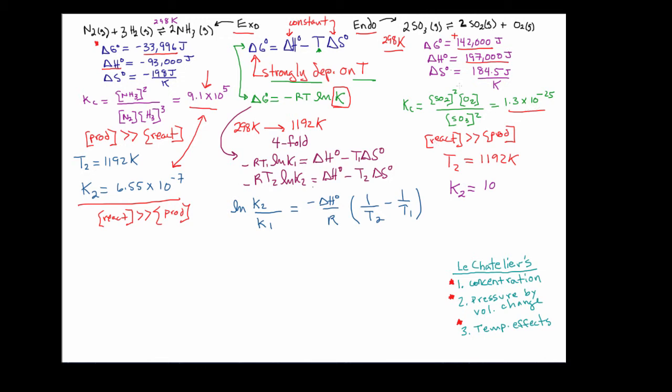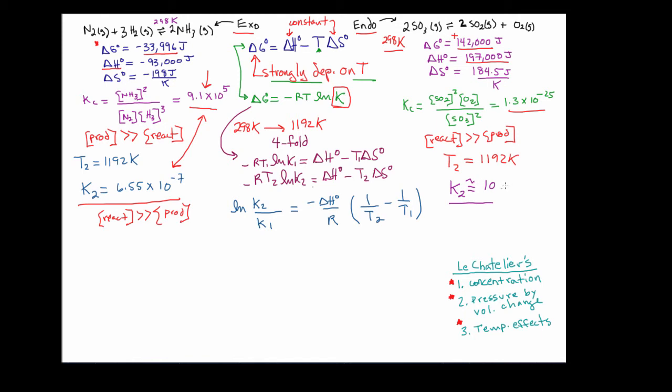Like I said before, at 298 Kelvin, the concentration of reactants at equilibrium far outpaces the amount of products that you're going to find in that reaction mixture. But by increasing the absolute temperature from 298 to 1192 Kelvin, we go to an equilibrium constant which is approximately 10.